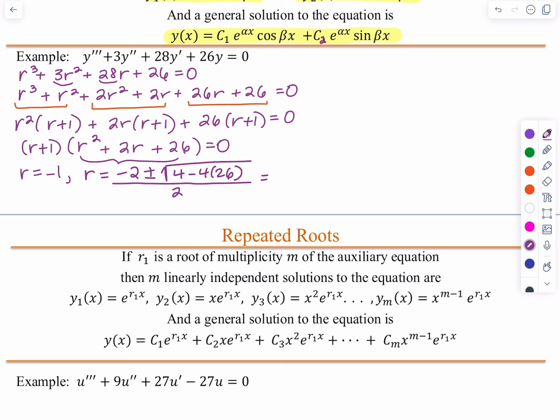And there we will have the opposite of 2 plus or minus the square root of -100 all over 2. And as you can see, we have -1 plus or minus 5i.